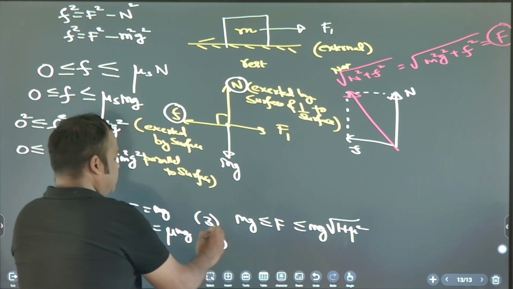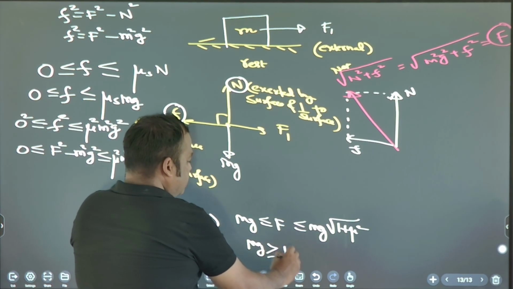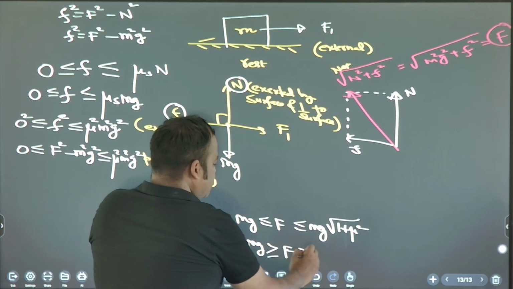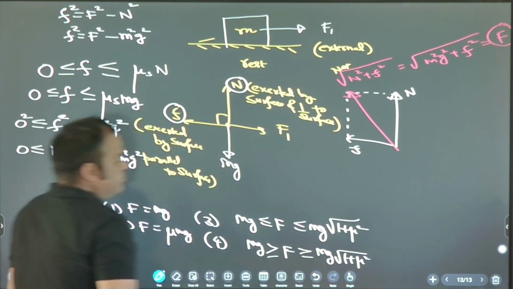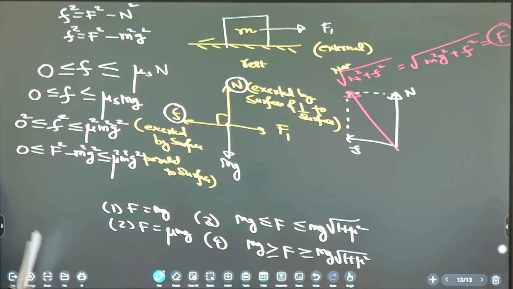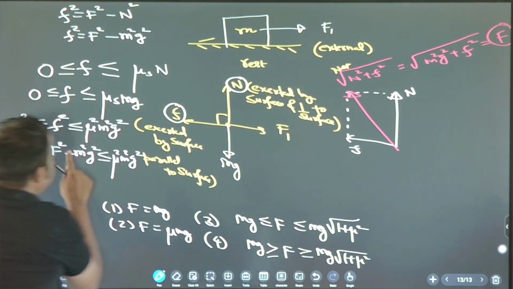And fourth option, mg is greater than F and F is greater than equal to mg square root 1 plus mu square, correct? So you solve from here. Now in the middle I want F. So what do I do, tell me?